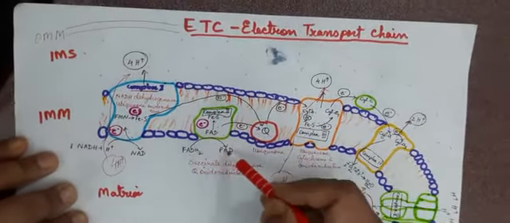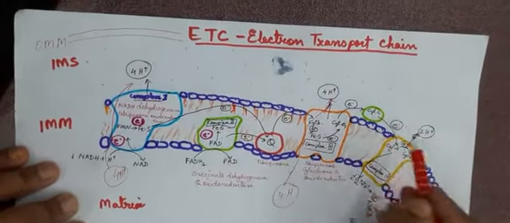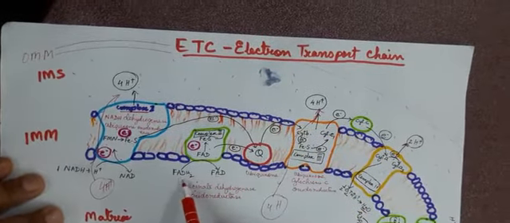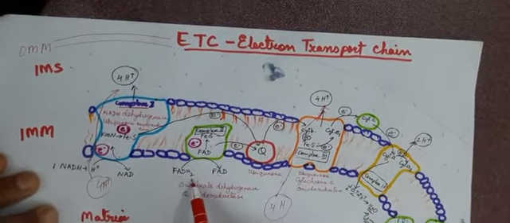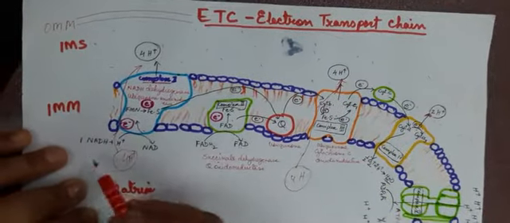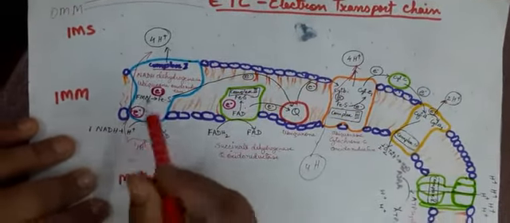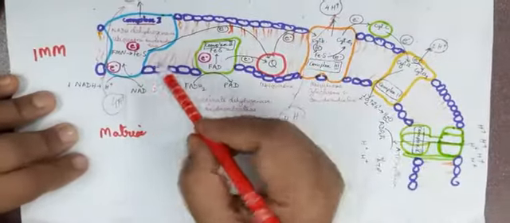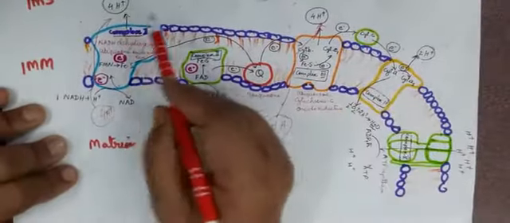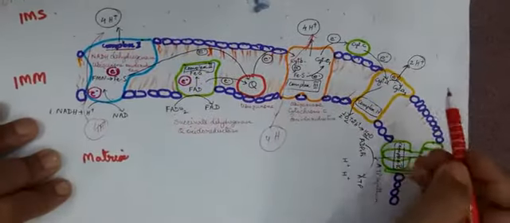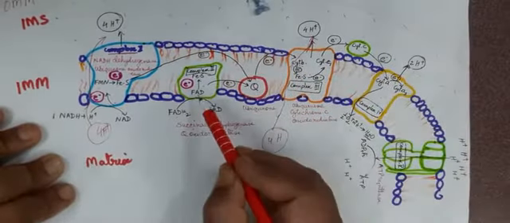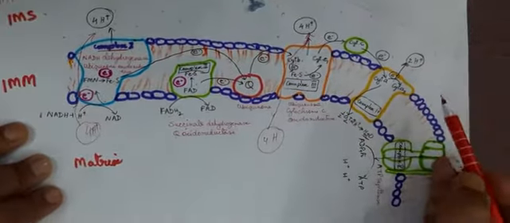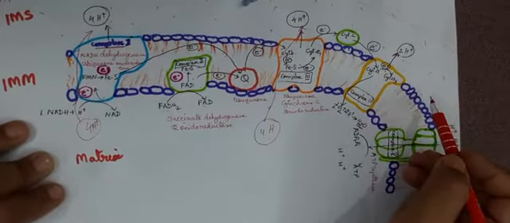So only 6 hydrogen ions are released by every FADH2 dehydrogenation. But in NADH dehydrogenation, 10 hydrogen ions are released: 4 here, 4 here and 2 here. So this will be utilized for synthesizing 2.5 ATP, and the hydrogen ions released through FADH2 will be utilized in the synthesis of 1.5 ATP.